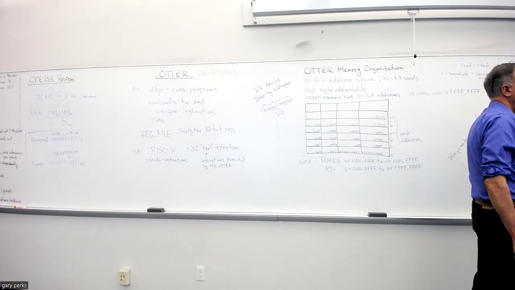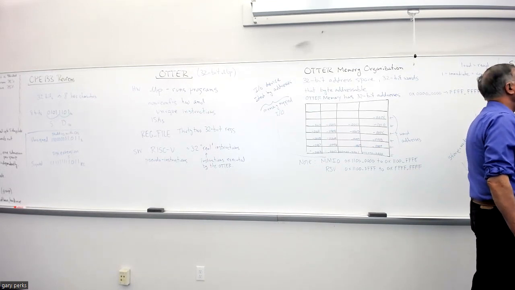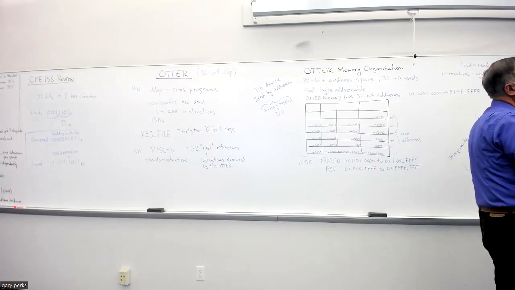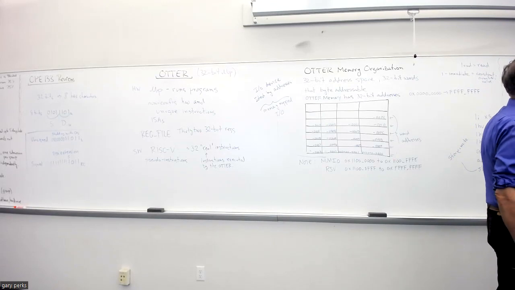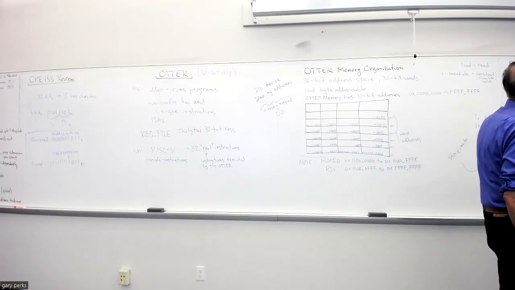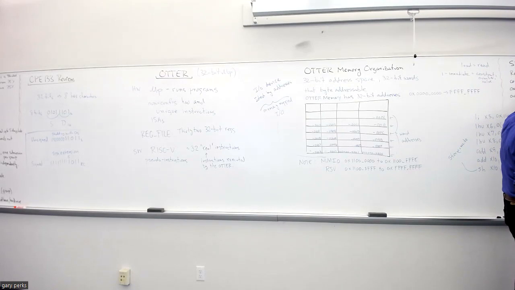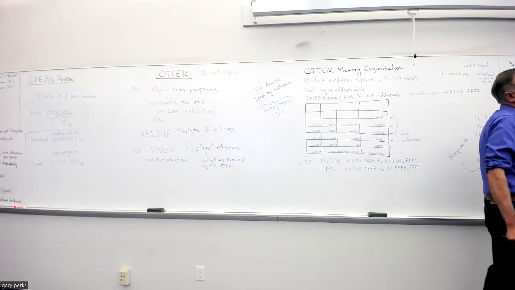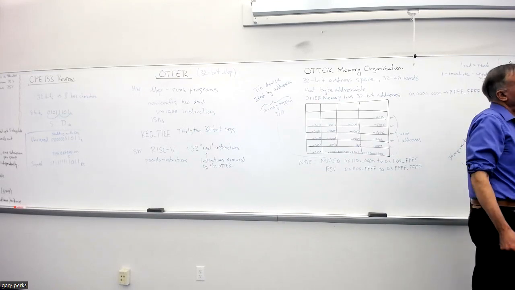It's just that we decided this problem needs 16 bits. That's why we're using the half word.